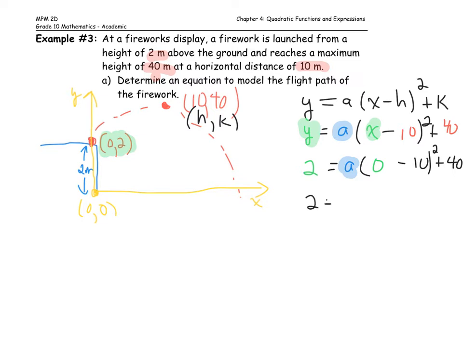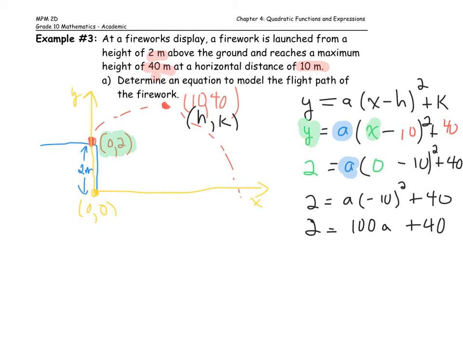So I have 2 is equal to A times negative 10 all squared plus 40. I'm going to apply my BEDMAS rules here, and I've done what was in the brackets. Now I'm going to deal with my exponent. So negative 10 squared is 100. Cleaning this up, I have 2 is equal to 100A plus 40.